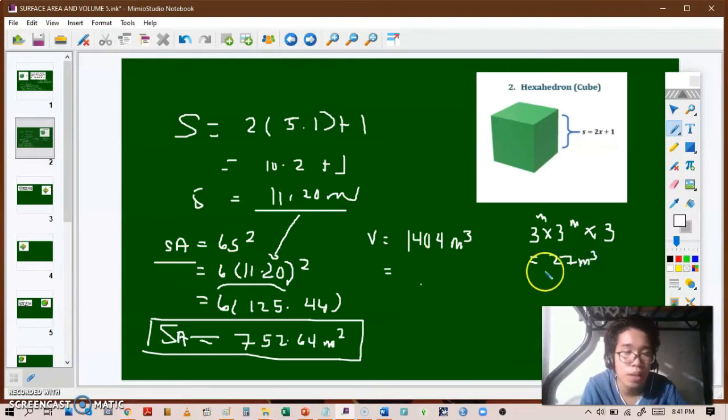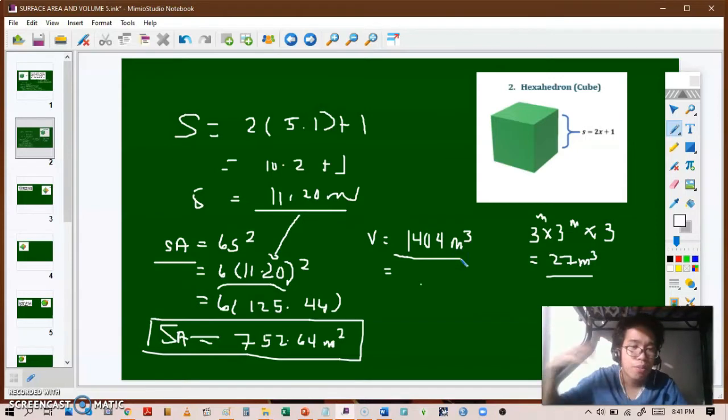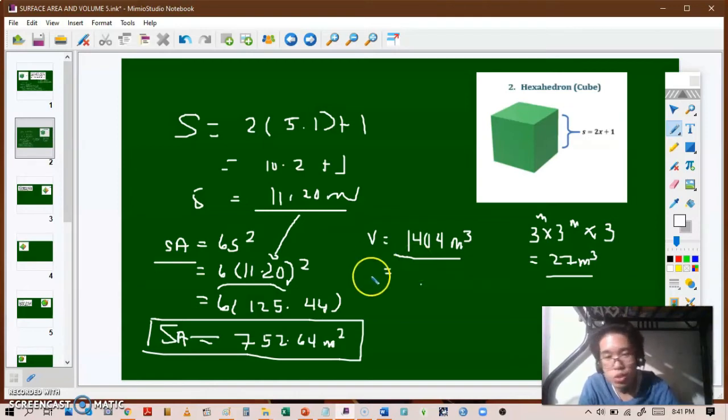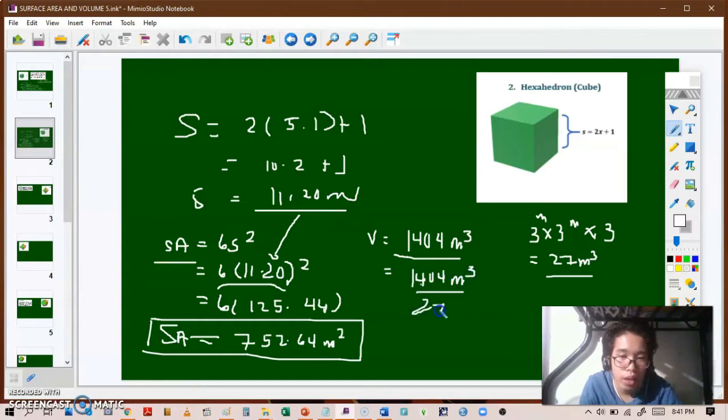Now we want to know how many of these boxes we can fit inside this very big pet room, which has a volume of 1,404 metric cube. To do that, we simply divide 1,404 metric cube by 27 metric cube, and we get 52 boxes.